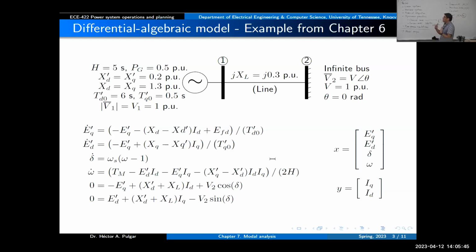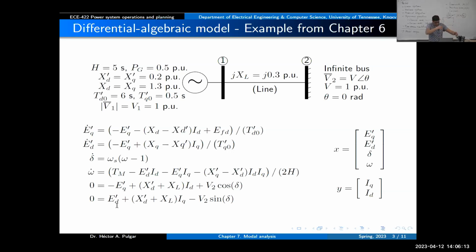With this set of differential equations, we can represent any system. And here is an example of what we did in chapter 6. This is the finite machine connected to an infinite bus through a line, and in this case we use the two-axis model. So in this system we have 4 differential equations, which are here, and 2 algebraic equations.